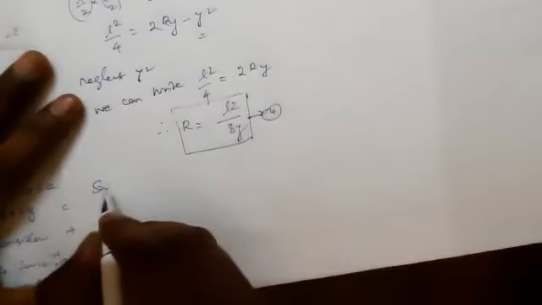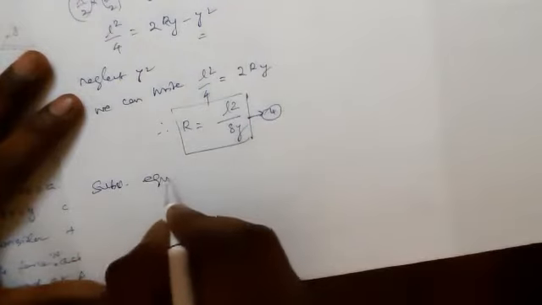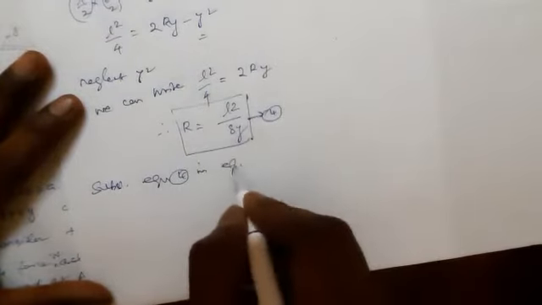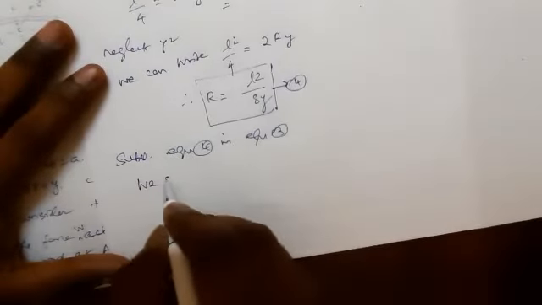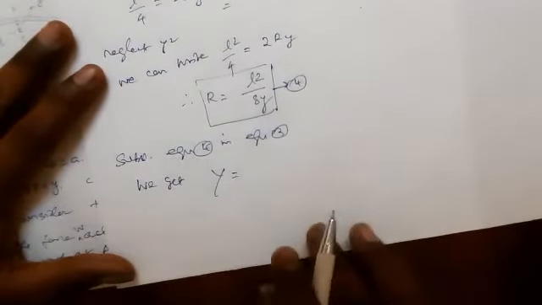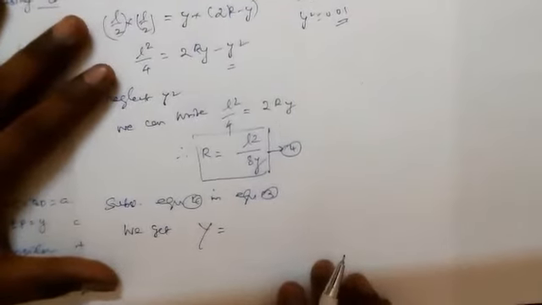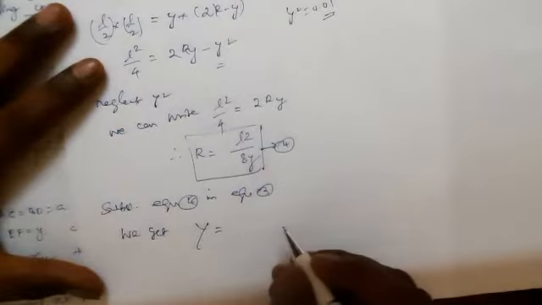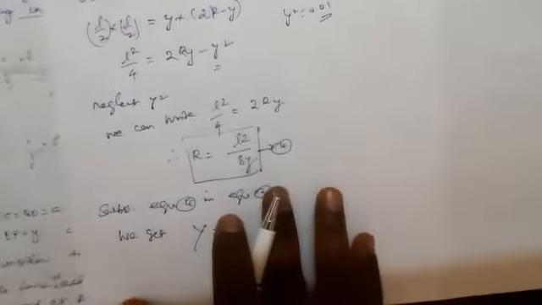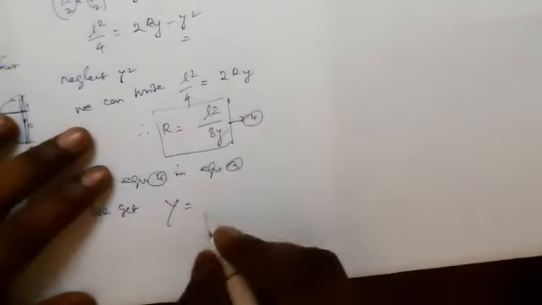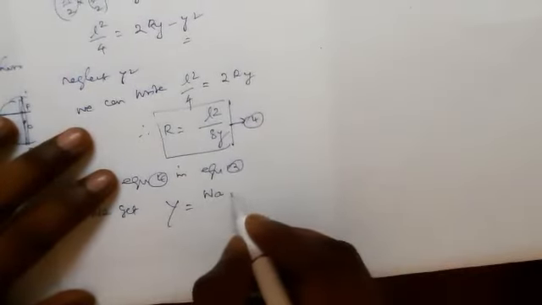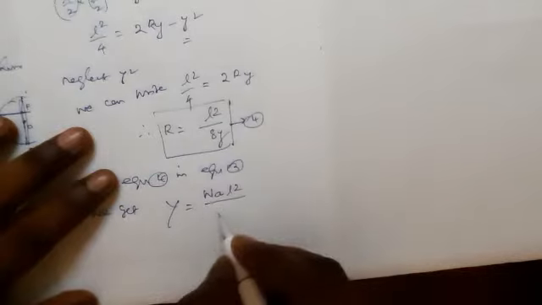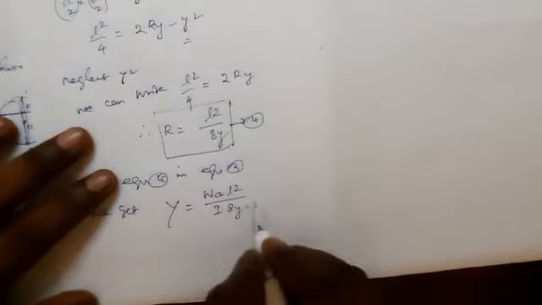Now, substitute equation 4 in equation 3. We get capital Y equal to WAL squared divided by I into 8y.